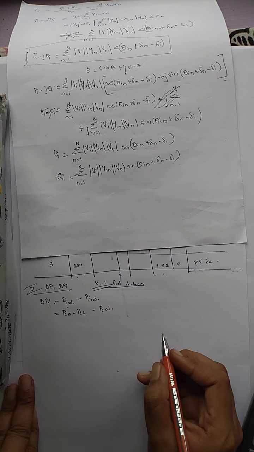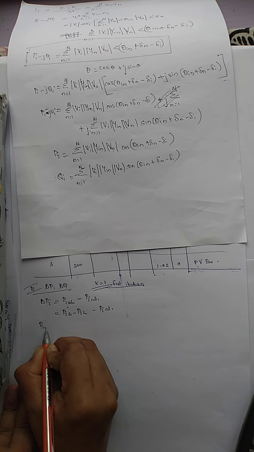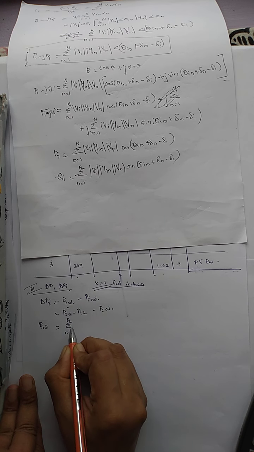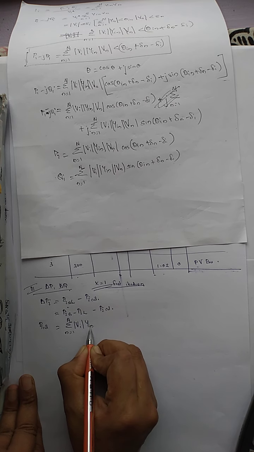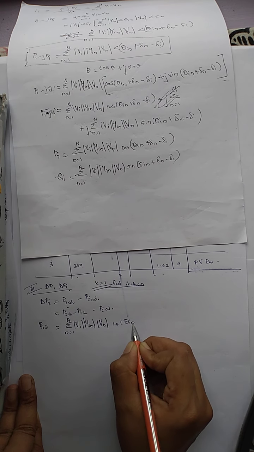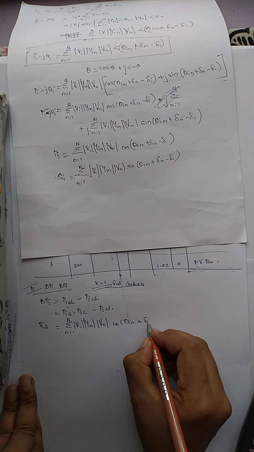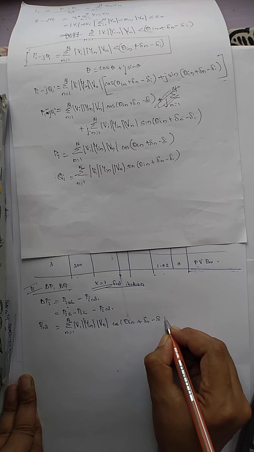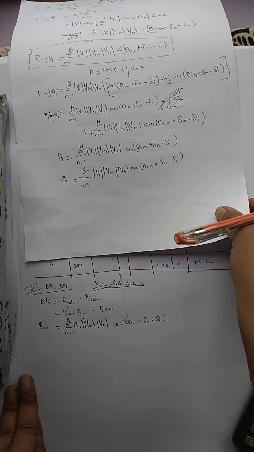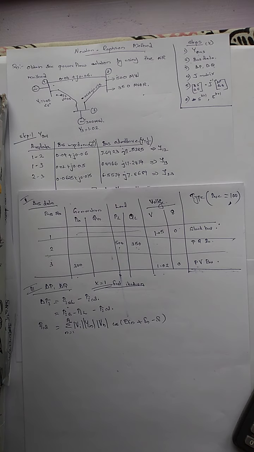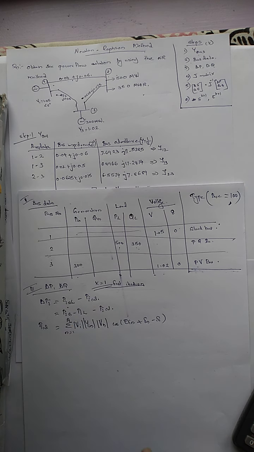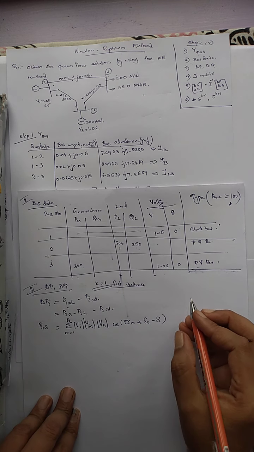Again I am reminding you, Pi calculated is equal to sigma n equal to 1 to capital N Vi Yin Vn cos(theta in), where theta is the angle of Yin and delta is the angle for voltage. So I have to write my equation for Pi calculated for each bus, then substitute in each to form my delta P and delta Q.